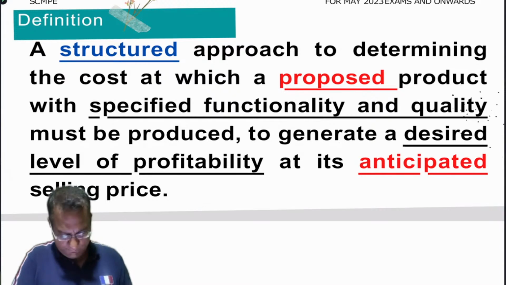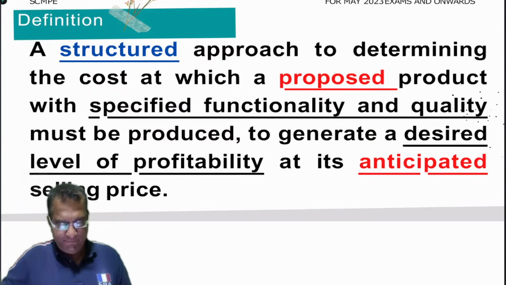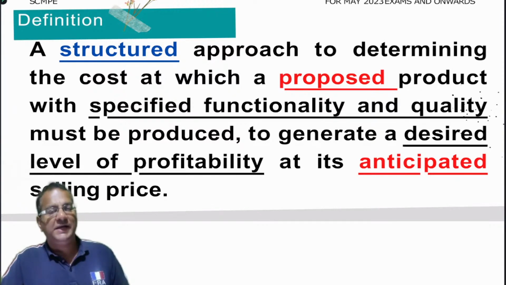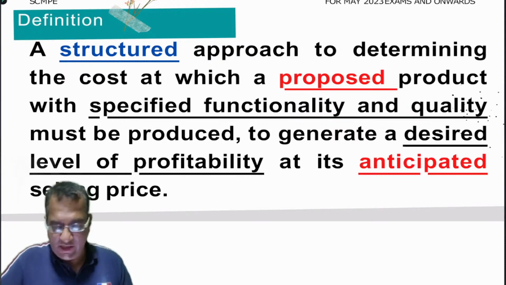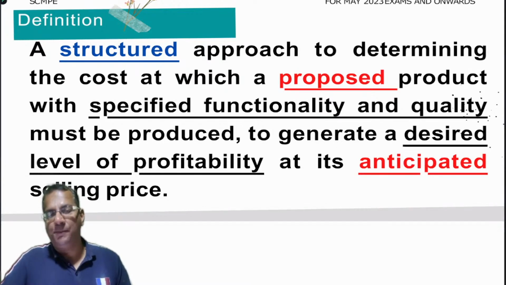Technically, target costing is applicable for a new product, while Kaizen costing is applicable for an existing product.